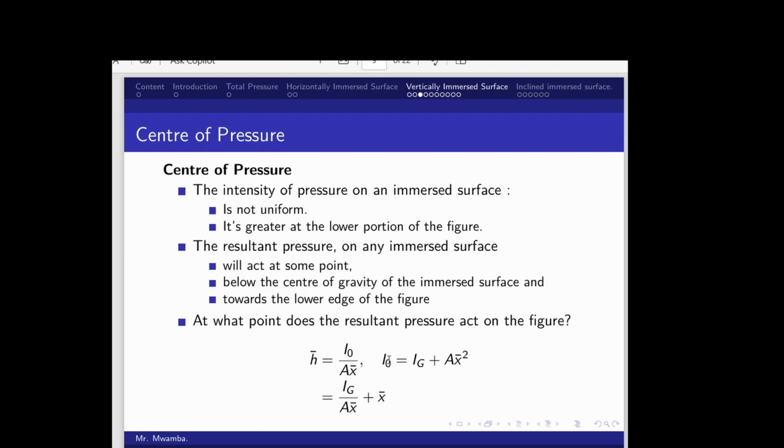If you substitute this I naught in this formula here, you end up with this formula.